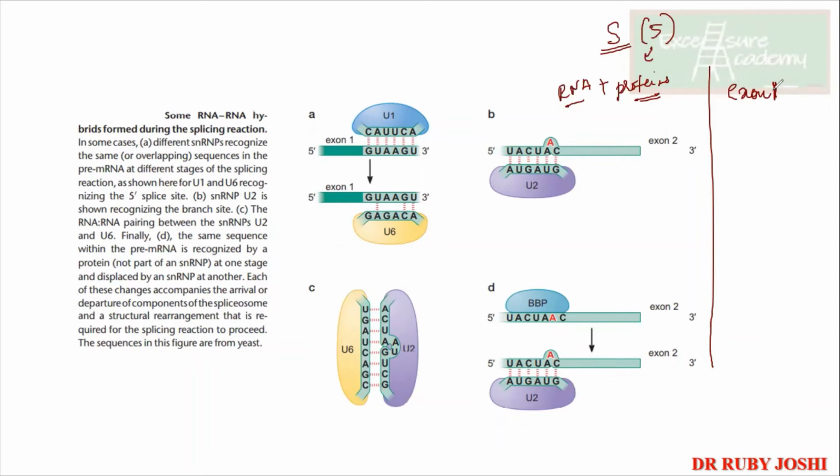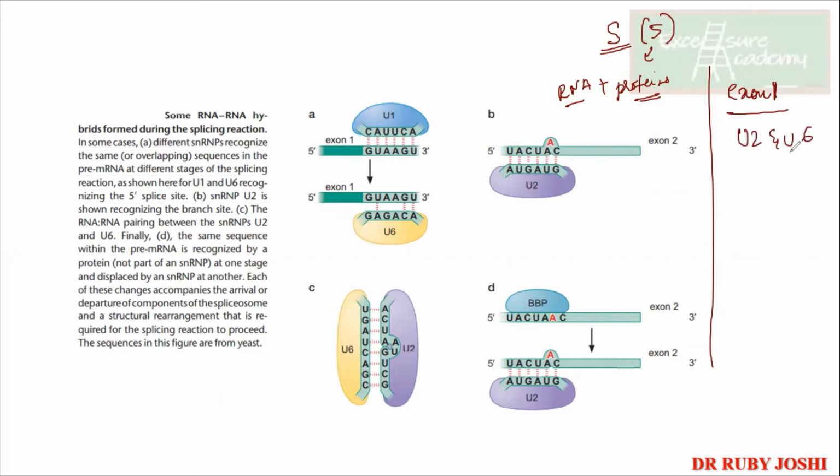Of course they will have the sequence, but the evolution is in such a way that all these important genes will be carrying this stretch of the information so that the spliceosomes can bind to that and bring those exons together. So exon 1 will be interacting with your U2 and your U6.